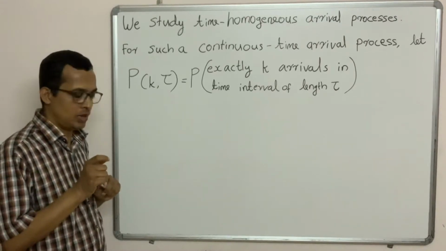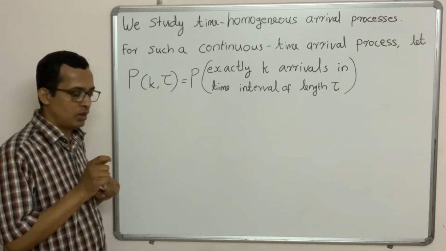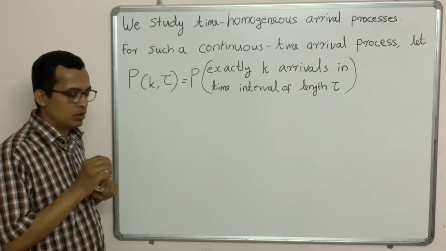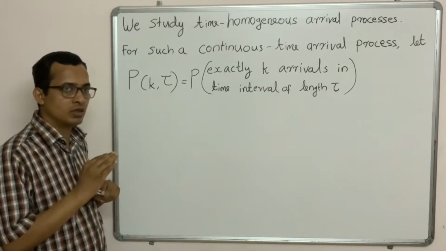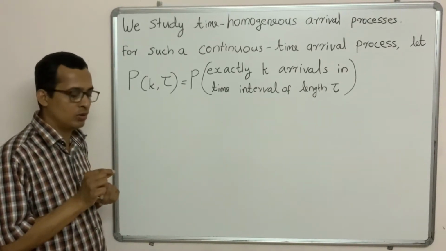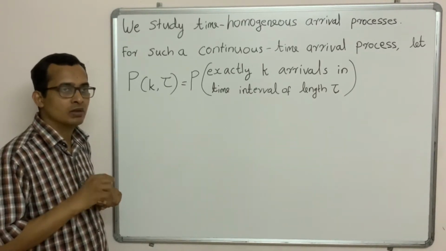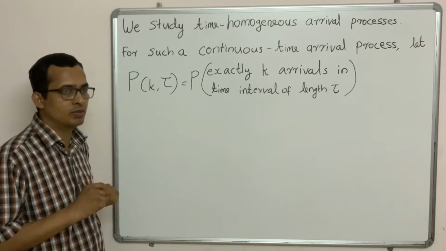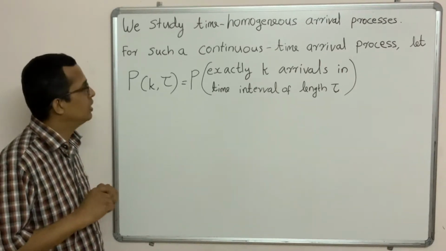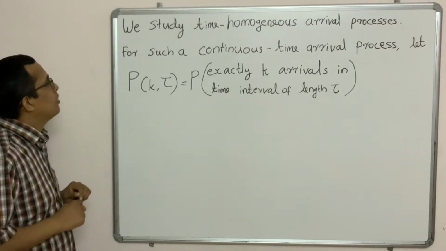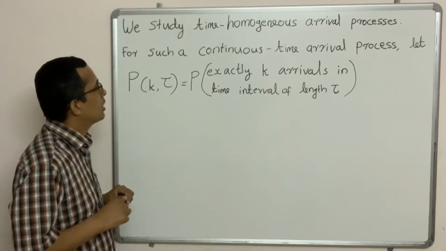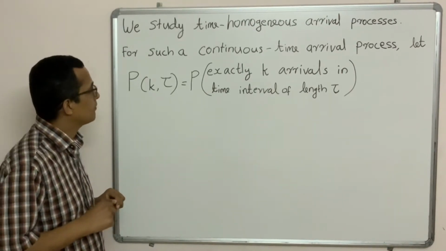For example, we look at the interval say 1 to 2. Whatever the probabilistic nature of arrivals in this interval 1 to 2 is the same as you look at the interval say 50 to 51. So only the length of the interval matters. Such processes are called time homogeneous. So we study time homogeneous arrival processes in continuous time.